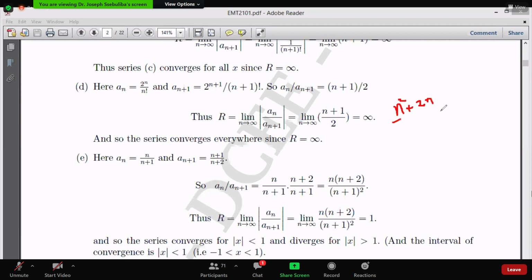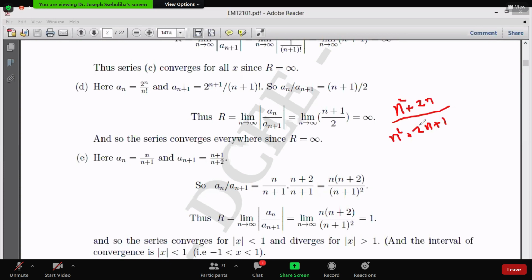Then when you expand the one down, that will give you n squared, plus 2n, plus 1. That is what you will get.